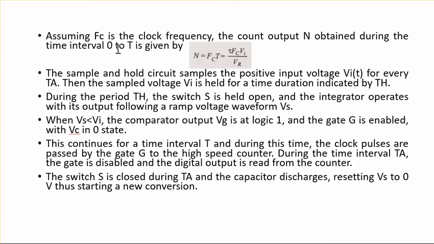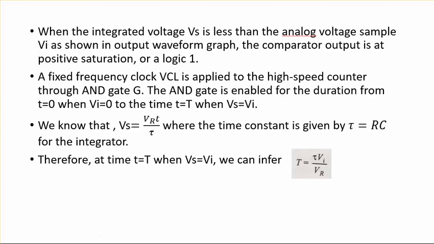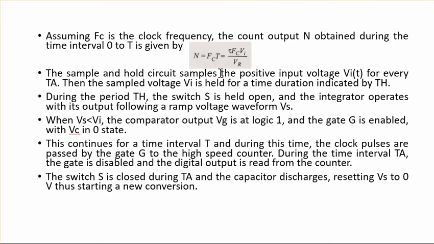So from time 0 to the particular time, it is given by n is equal to Fc into T, where Fc is the clock frequency. Now we know the value of T from the previous equation, so we substitute it here.